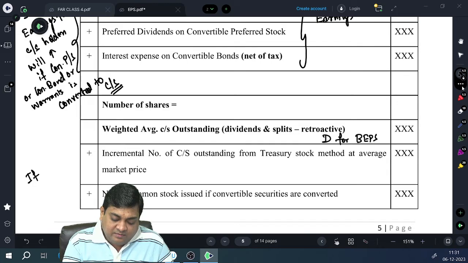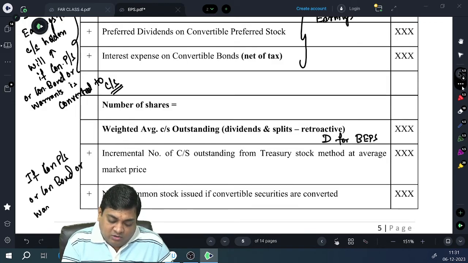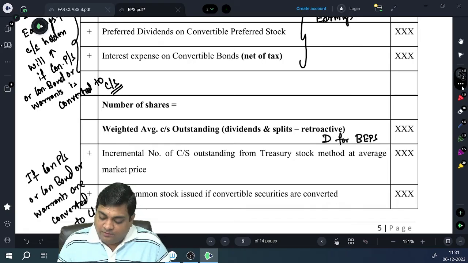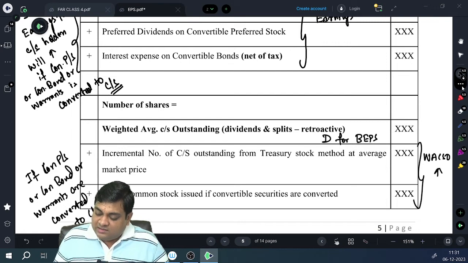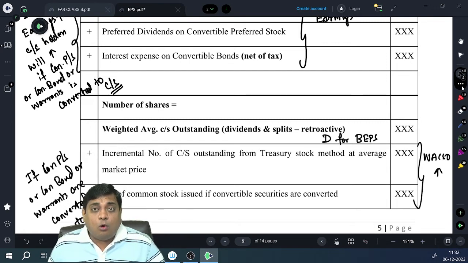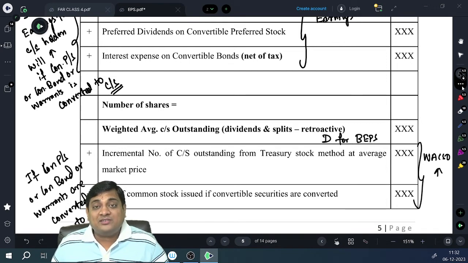If convertible preferred stock, convertible bonds, warrants, etc. are converted to common stock, then WACSO increases, but the overall earning per share will dilute.